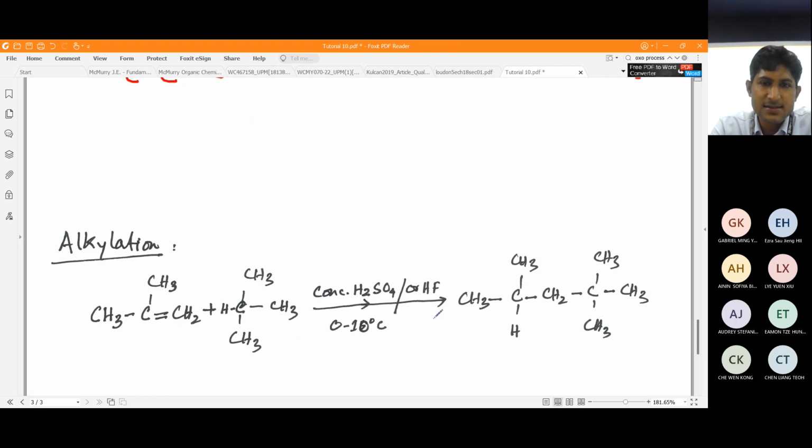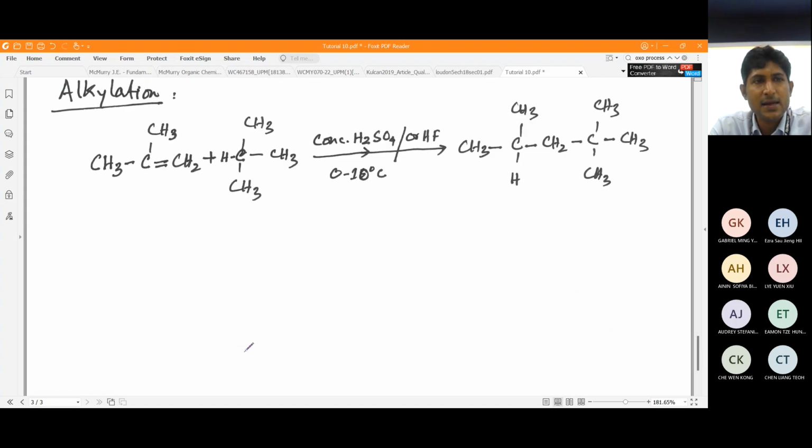Alkylation as well is a similar thing. We see concentrated sulfuric acid or hydrofluoric acid, and in a similar way we can add and increase the branched chain alkane to these seemingly linear chain alkenes. So this is the alkylation reaction.